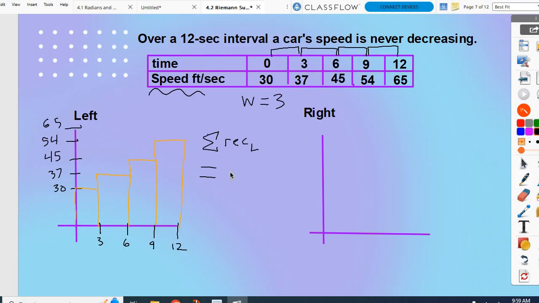So are we all okay that I can just factor out a 3 from everything, and then we don't have to worry about multiplying it by 3 each time? If your widths are even, then you can end up just putting that number in the front. And then again, we're just using those left y values. So we have 30 plus 37 plus 45 plus 54. So if we add all those together, what do we get?